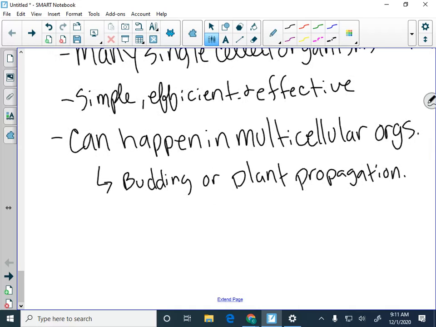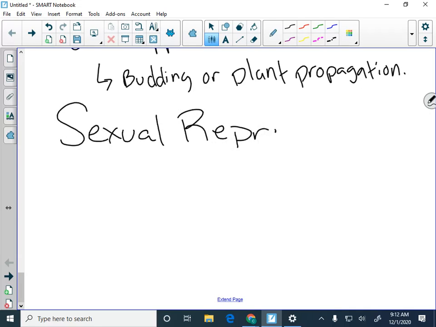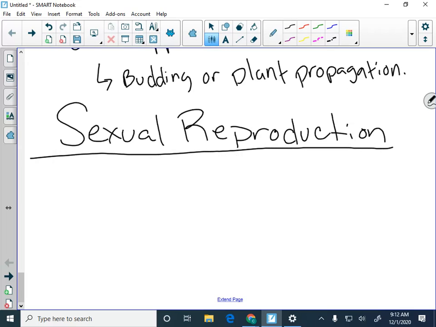So that's asexual reproduction. Moving on to sexual reproduction. This one's a little bit more complicated.